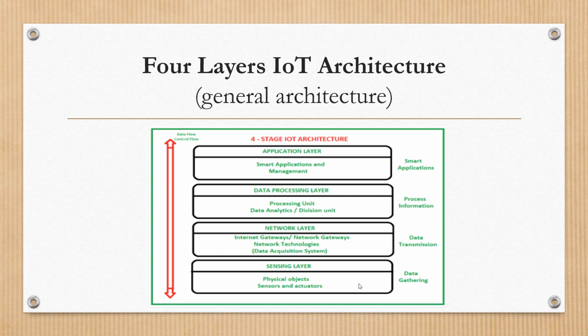The sensor layer is the first layer of a general IoT architecture that combines sensors, actuators, and the device itself. The main role of this component is to collect data from the environment via sensors and perform actions on the environment through actuators.